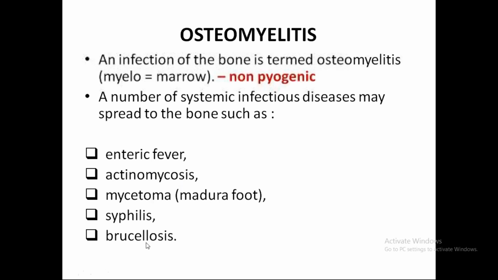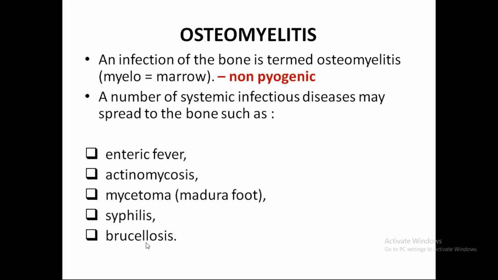and brucellosis. Okay, so osteomyelitis is usually non-pyogenic, and what we have seen previously is pyogenic osteomyelitis, where there is a dense collection of neutrophils. Here we find a mixed population of cells. In chronic osteomyelitis, we find a mixed population containing lymphocytes, plasma cells, and a predominantly chronic inflammatory infiltrate.